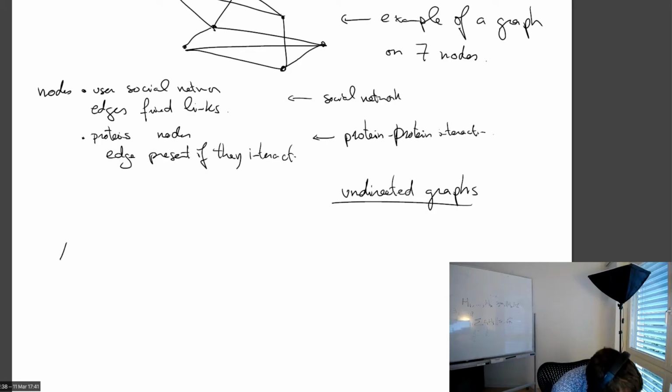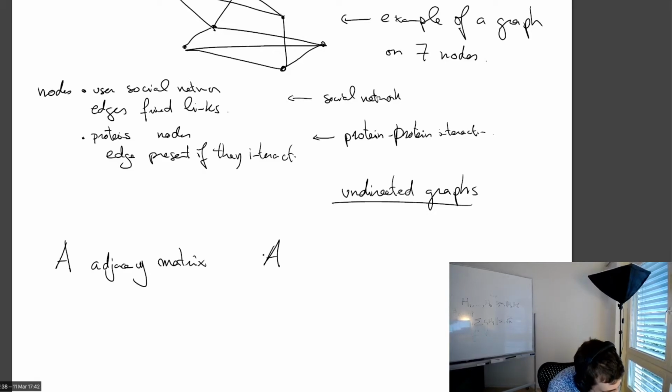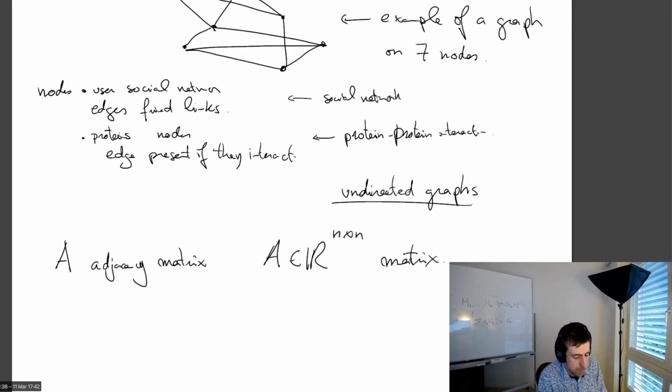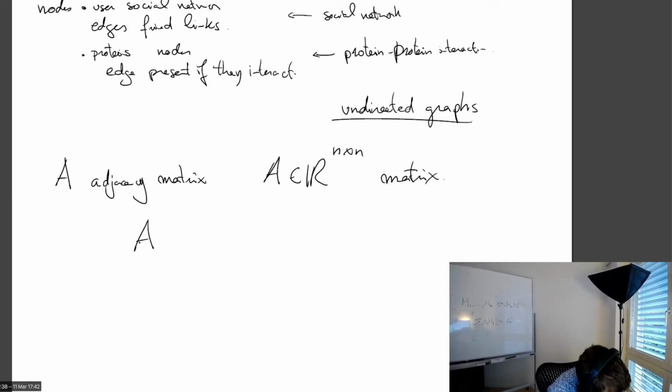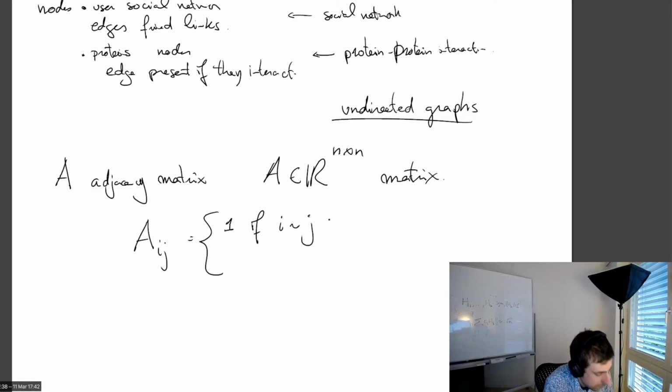Okay, so let's define objects. Let's define the adjacency matrix. A is an adjacency matrix, an n by n matrix, and Aij is going to be 1 if i is connected to j, and 0 if not.